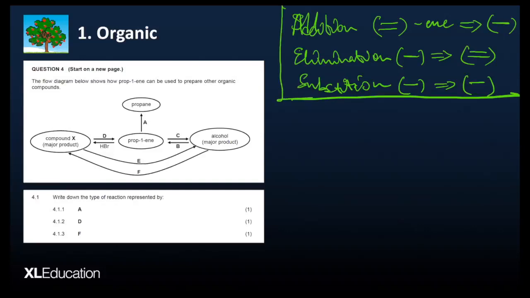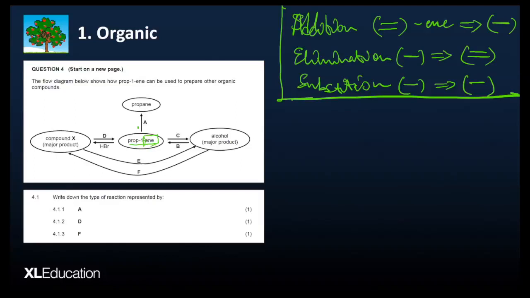Right, let's have a look again. This one is prop-1-ene, meaning its name contains an ENE. That means it's having a double bond. Right, so whatever type of reaction this one undergoes is an addition reaction. Fine. Then the opposite of that is our elimination reaction.